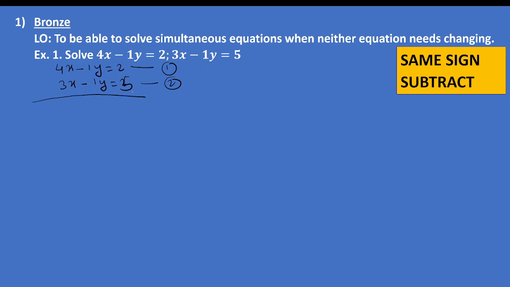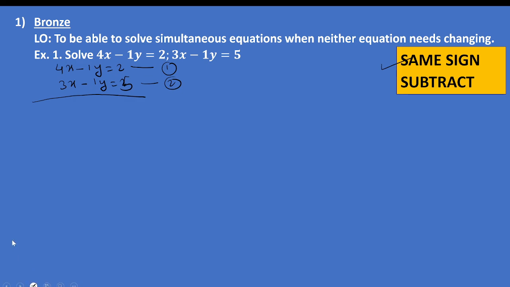And how can we eliminate this? We have a minus sign with the y term of the first equation and a minus sign with the y term of the second equation also. Whenever we see the same sign, we simply go for subtraction.